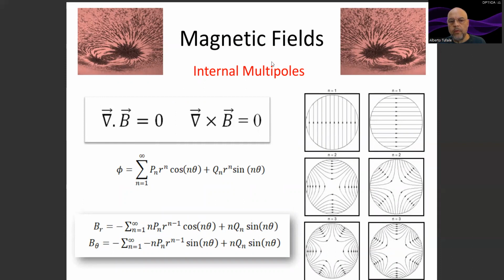The internal multipoles can be obtained with this series for the magnetic fields, here for the case of a dipole, here for a quadrupole, and here for a sextupole.